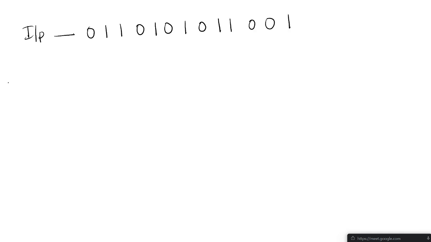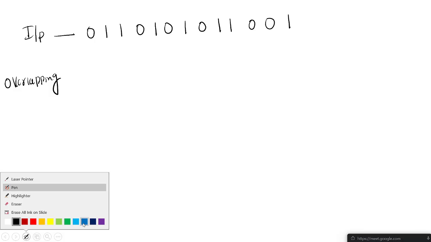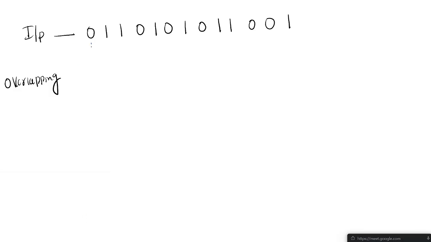So this is overlapping. Here 0 means the output is 0 only. 0, 1 means the output is 0. Again here also 0. 1, 0, 1, 1, 0, 0. 1, 0, 1, you got the sequence, so the output is 1.